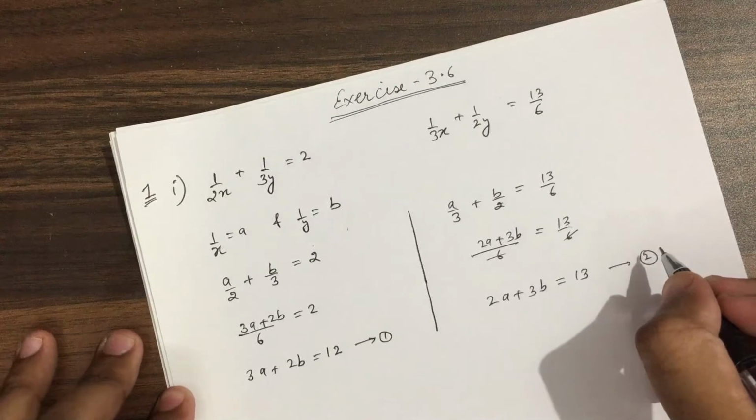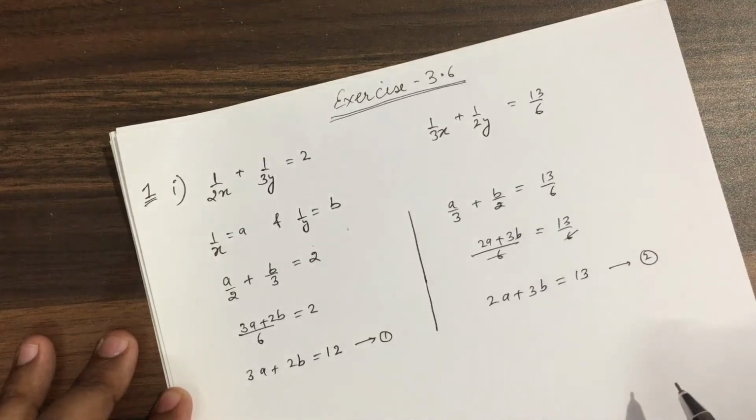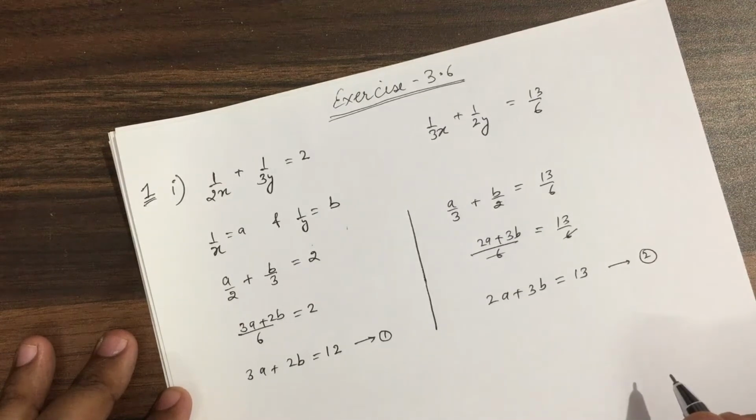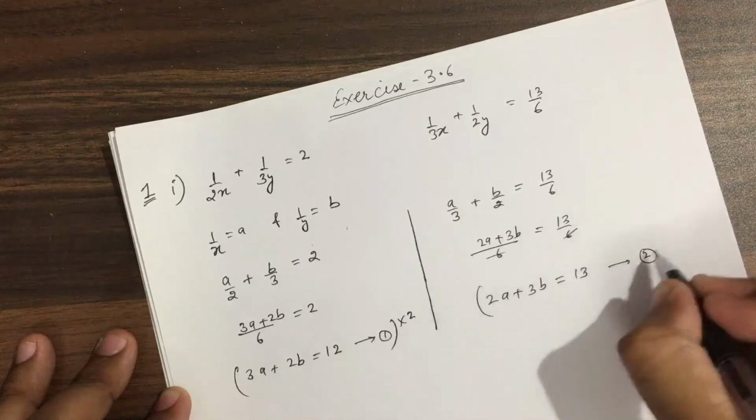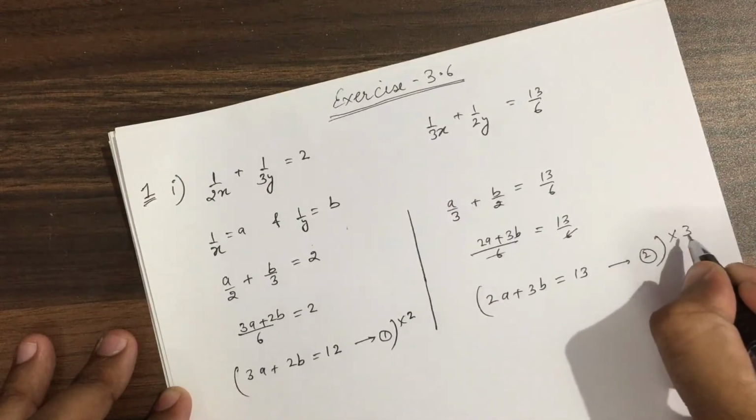So these are your two equations. Now you have to eliminate one variable. Suppose we want to eliminate a. We will make the coefficient of a the same. So we will multiply equation 1 with 2 and equation 2 with 3.